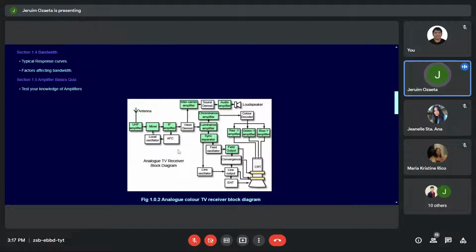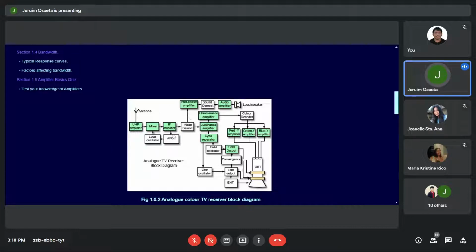This amplifier is being controlled by the AFC, or so-called automatic frequency control. The automatic frequency control controls the local oscillator, in order that the mixer will constantly multiply with the oscillator so that it will be able to filter out the intermediate frequency.